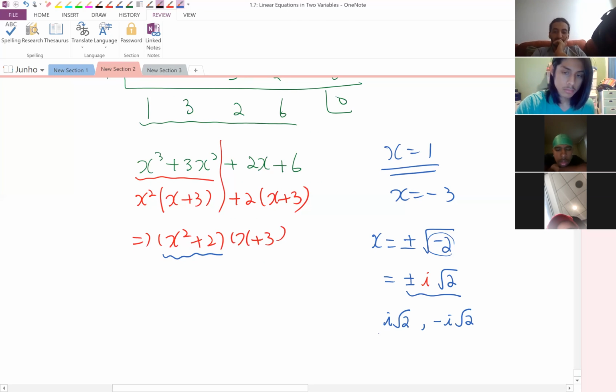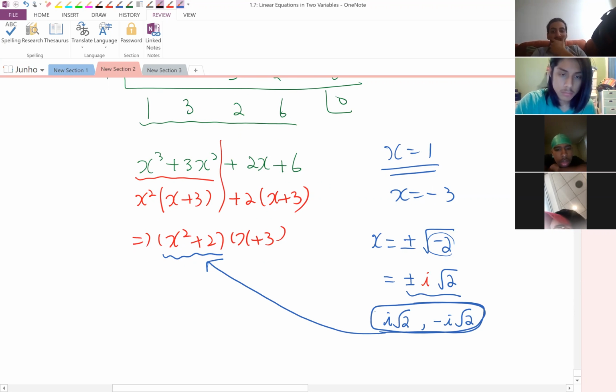To make this binomial, what do we call these two cases? Plus or minus i root 2. They're basically opposites, right? As complex numbers, we call them conjugates.